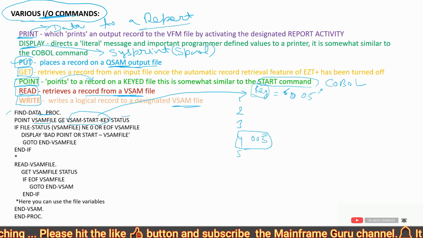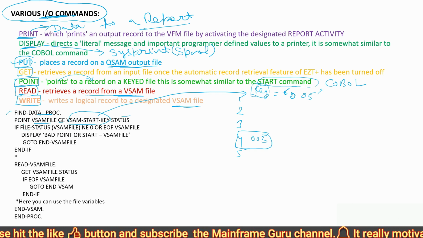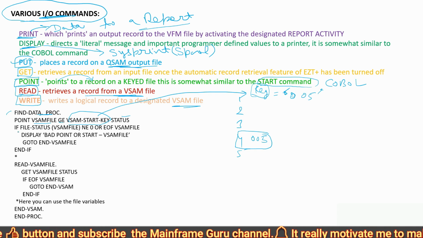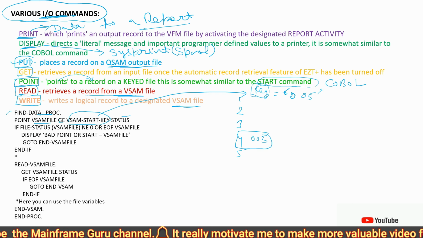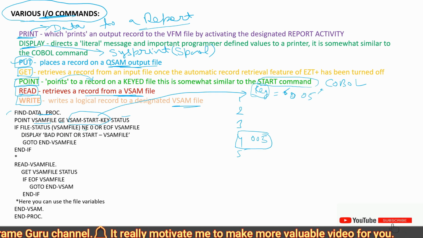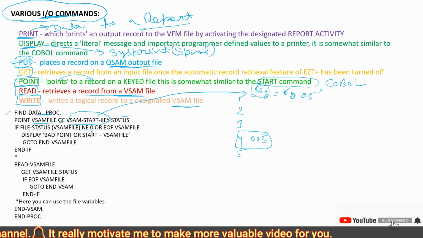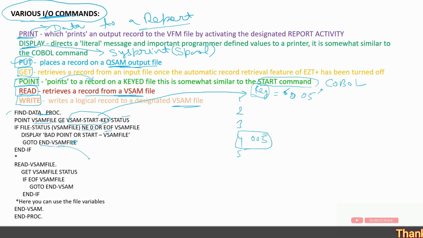After execution of the point statement, we will check whether return status is not equal to 0. If it is not equal to 0 and end of file, then our control will go to end VSAM. And where is the end VSAM available? Here is the end VSAM.